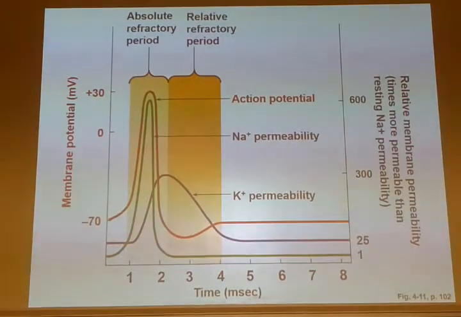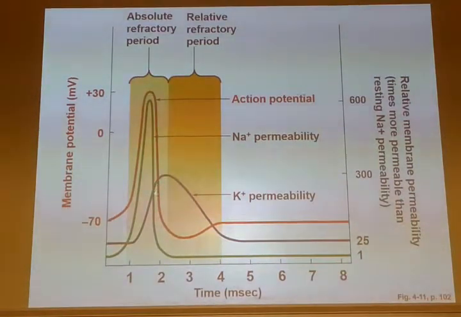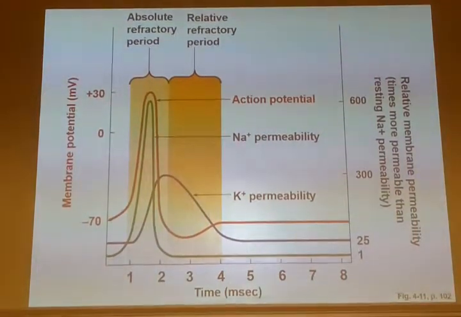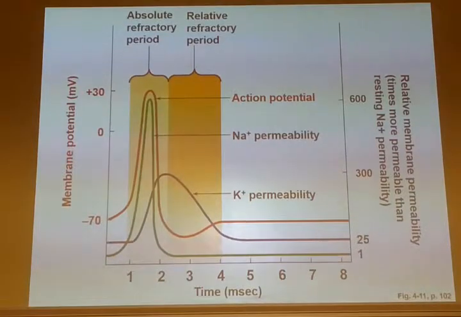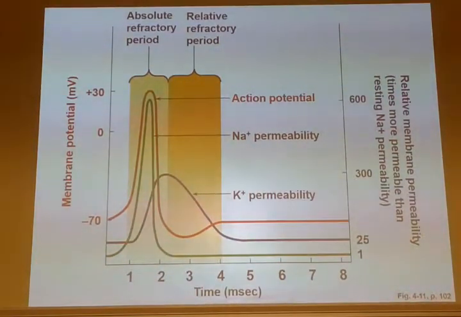Potassium efflux is still very high. As you get to a more negative state, now potassium wants to stay in, even though the voltage-gated channels are open. Less of it is leaving through the channel because it's got an electrical gradient to stay in.